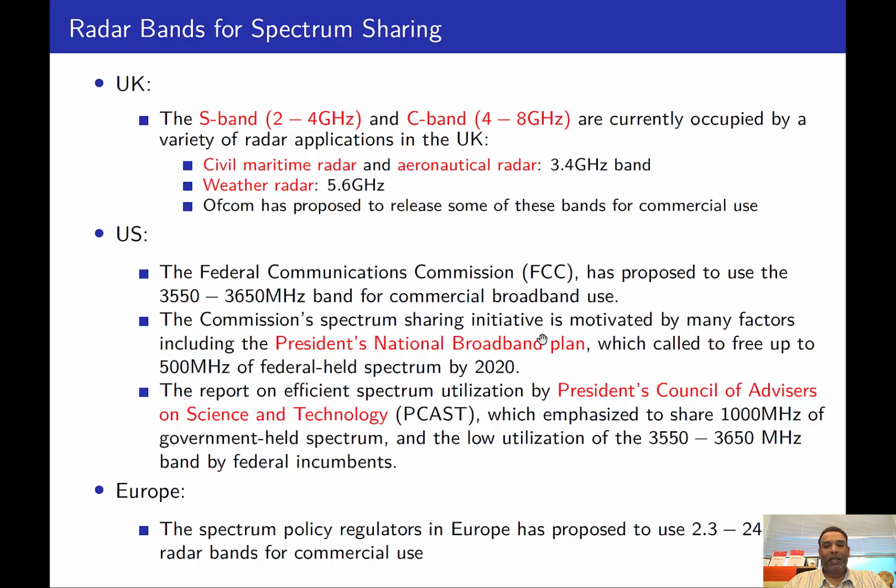The Commission Spectrum Sharing Initiative is motivated by many factors, including the Presidential National Broadband Plan, which called to free up 500 MHz of federal spectrum by 2020, and the report on effective spectrum utilization by PCAST, which emphasized sharing 100,000 MHz of government spectrum, which is utilized by the federal incumbents, by naval ships, etc. So there is a lot of push to release government spectrum or radar spectrum to cellular systems going on around the world.